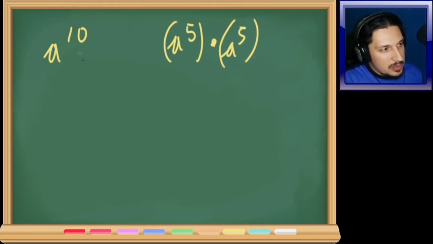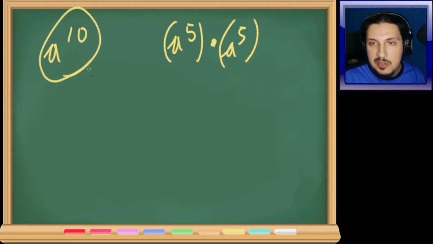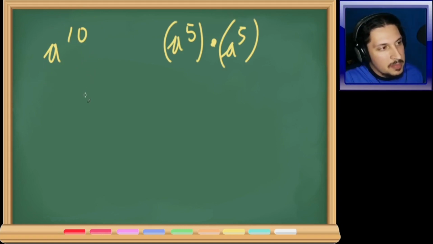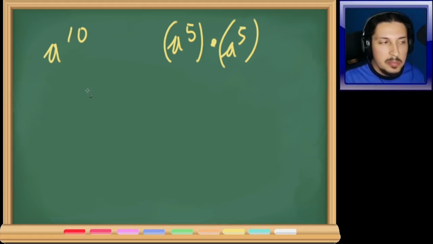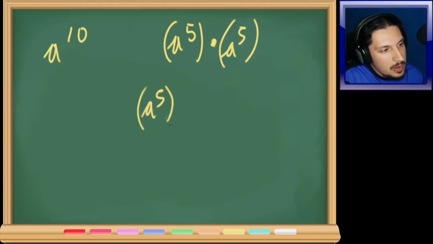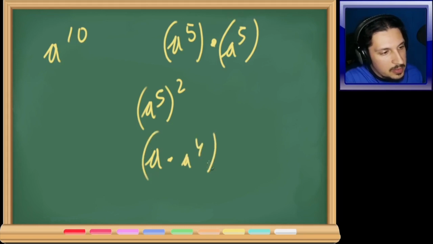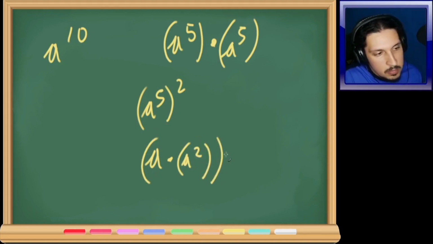But we have bounds, because, for example, we know how to do efficient exponentiation, because we know the repeated squaring or binary lifting method, which is basically like this. You go to half the number and now you square it. And for example, to get 5 here, since it is odd, I will make a times a to the power of 4, and that I want to get squared. And this one is even, so I will square it. Like this, square.